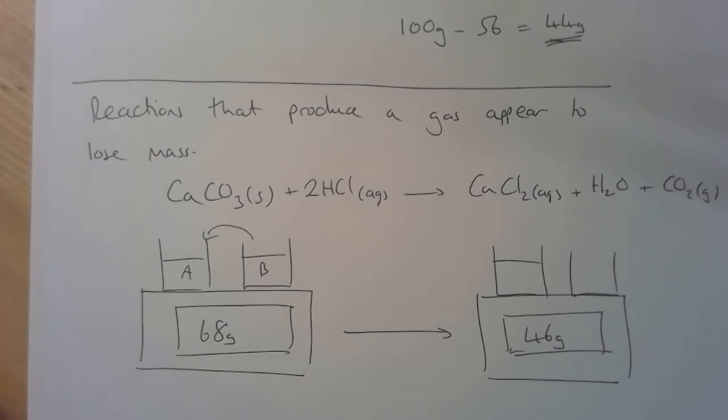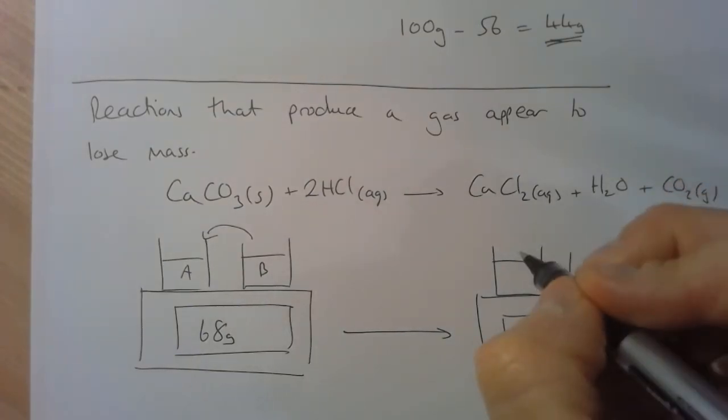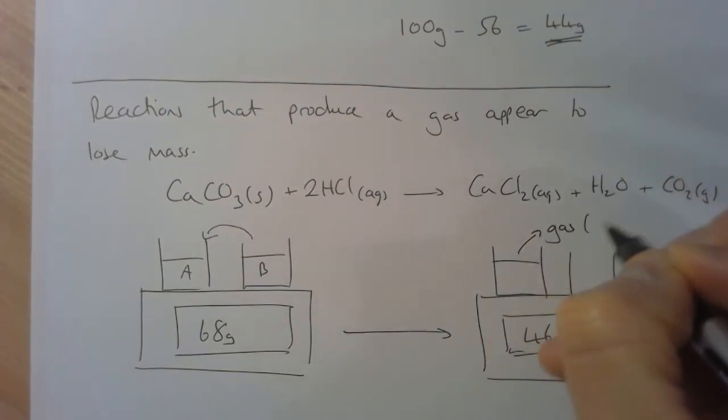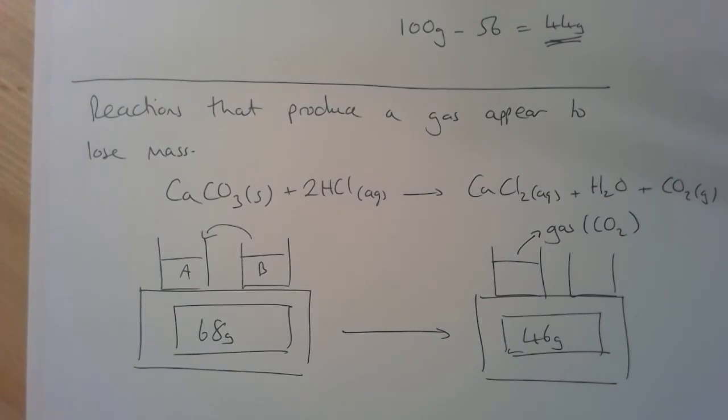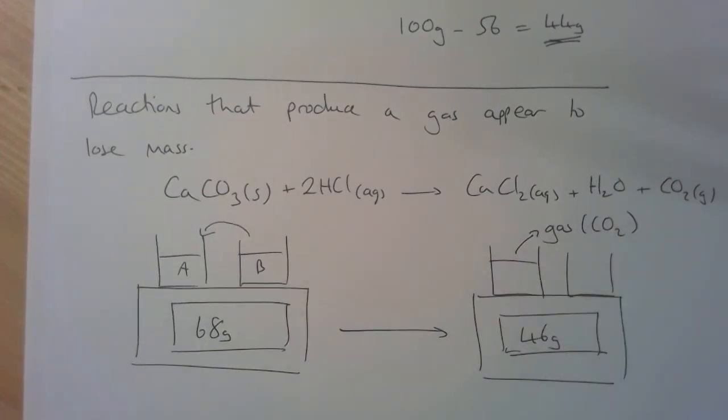Now, that isn't true. The reason being is this reaction produced a gas. In this case, that gas was carbon dioxide, and that gas has escaped into the air, into the atmosphere.